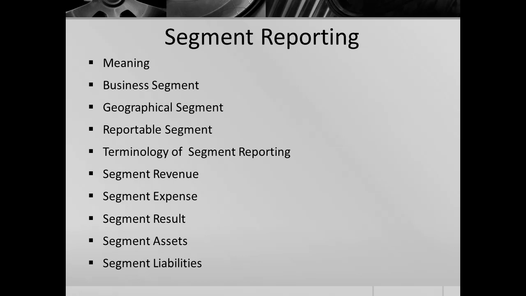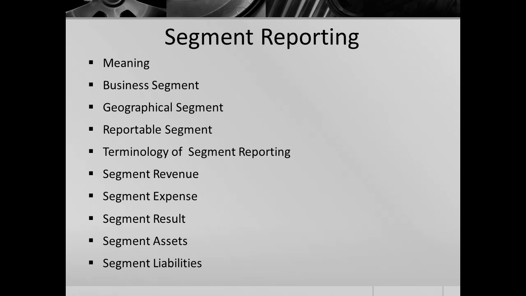And next one is segment result, which means segment revenue less segment expenses. Then segment assets, which means those operating assets that are used by a segment in its operating activities and that are either directly attributable to the segment or can be allocated to the segment on a reasonable basis.